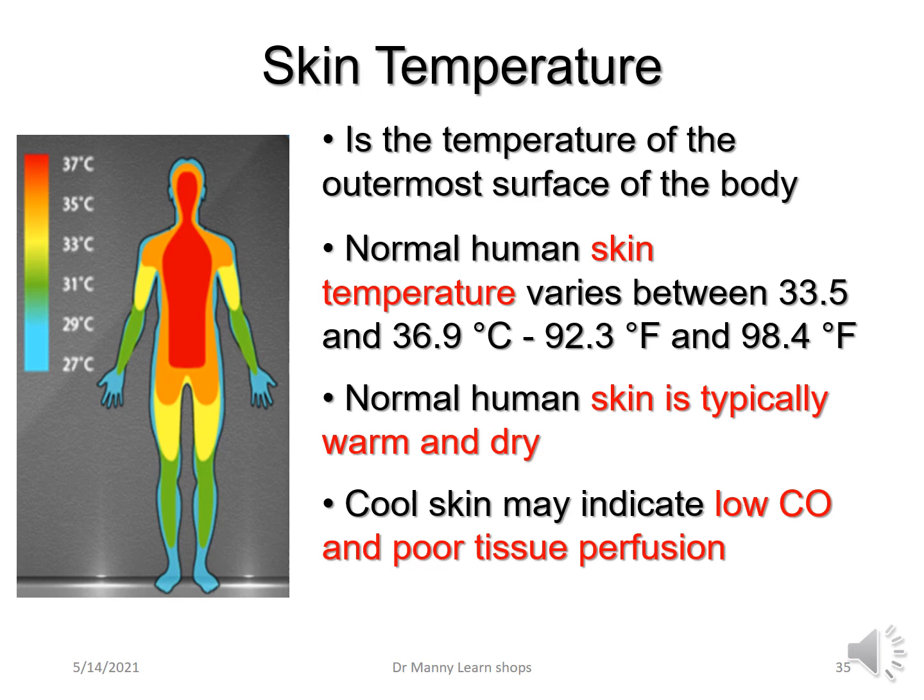However, cool skin may indicate a low cardiac output and poor tissue perfusion, because the skin is one of the first organs to be affected by low cardiac output. It becomes vasoconstricted, sympathetic nervous system response, compensatory mechanism, and it may become cool, clammy, sympathetic stimulation, and pale.